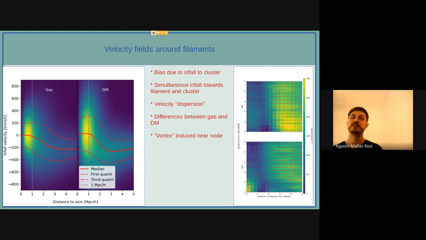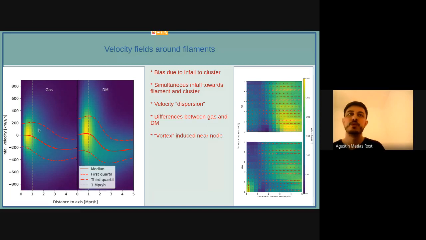If we look at the velocities, in this plot we have the distance to the filament axis, and this is the infall velocity. So we can see that in the outskirts of the filaments, the velocities are negative, which means that the material is collapsing onto these structures, and it tends to go to 0 at the center of the filament.